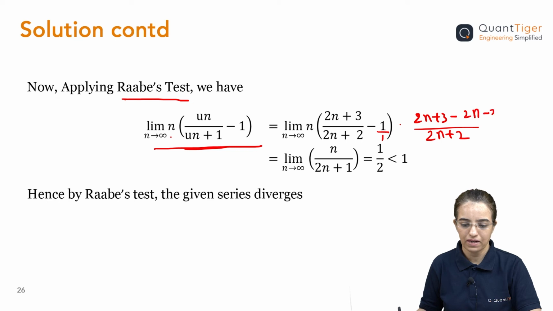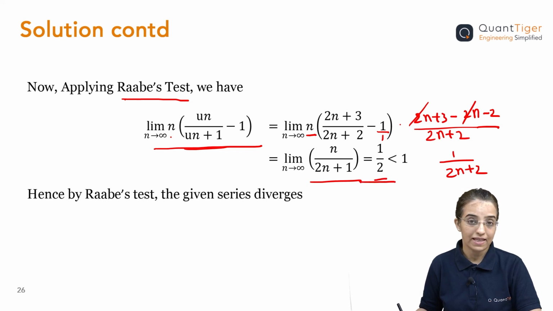So the 2n plus terms cancel, and I will get 1 upon 2n plus 2. This is what we get. And we have to multiply it with n, which is outside. So after multiplying we get n in the numerator and 2n plus 2. After simplification we get 1/2, which is less than 1.